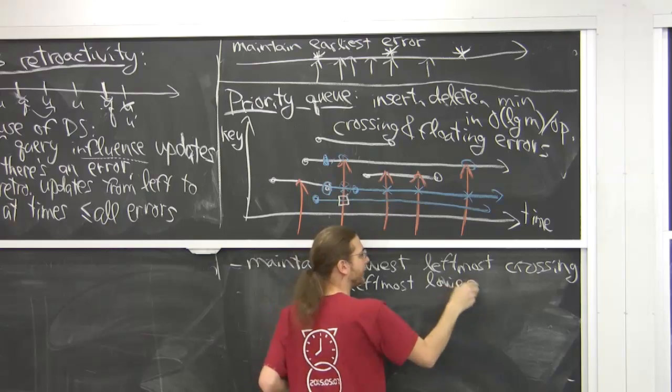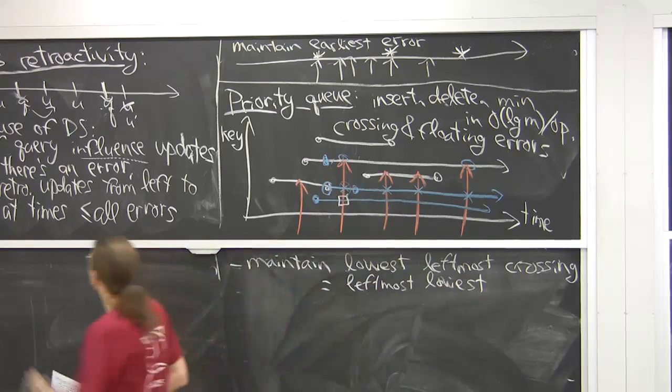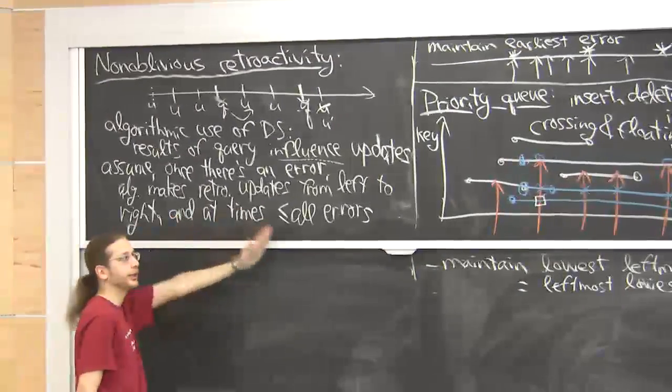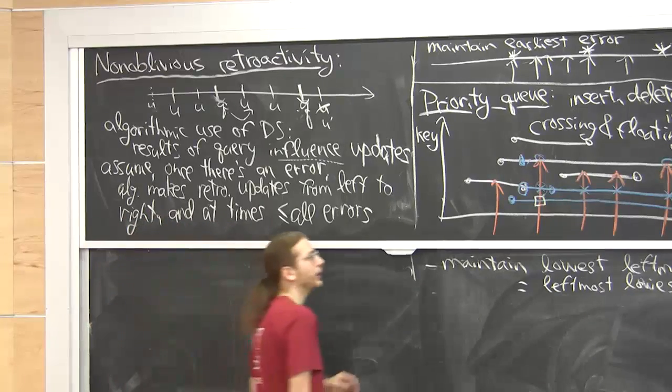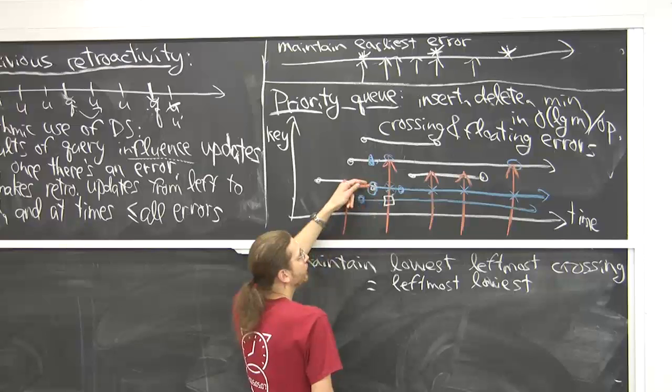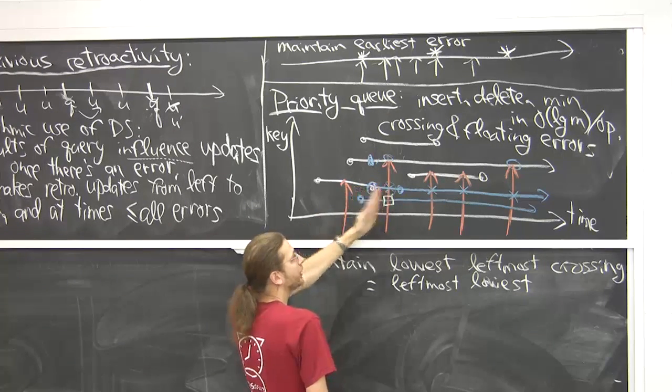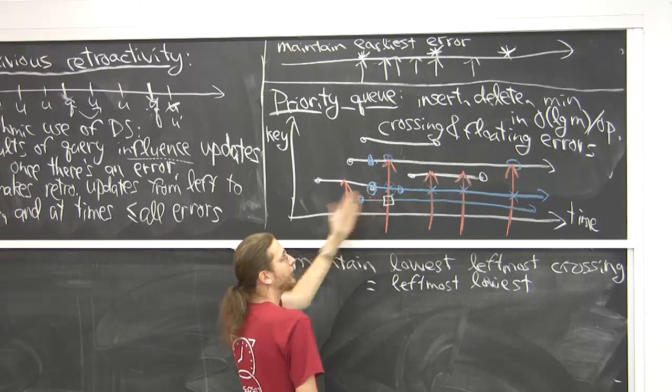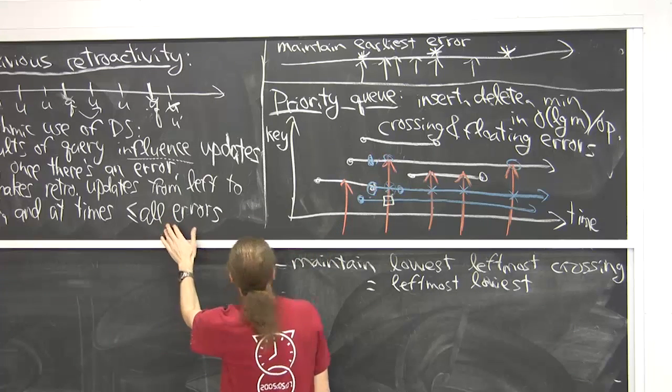I don't want to prove that here, but because of this assumption that we're always proceeding monotonically left to right, we have a nice invariant that if you look at all the crossings, they involve segments that start to the left of all errors, because all the changes we've made are to the left of all errors by this property.